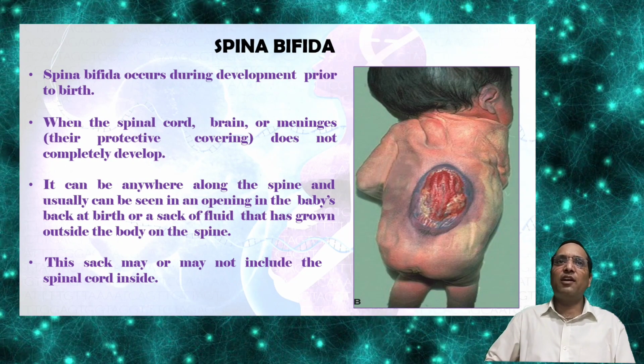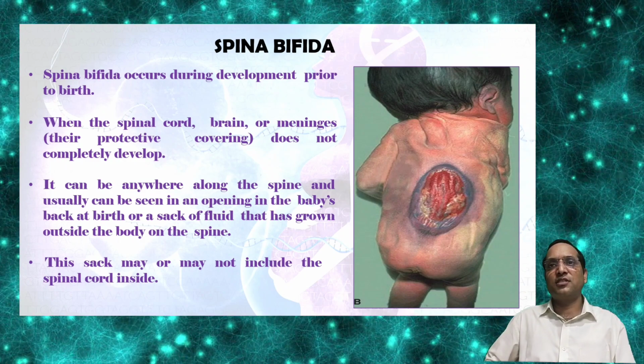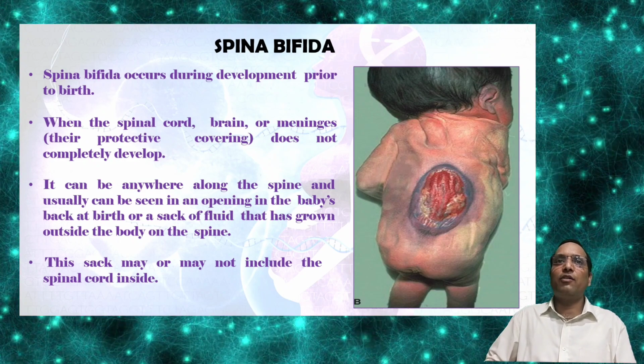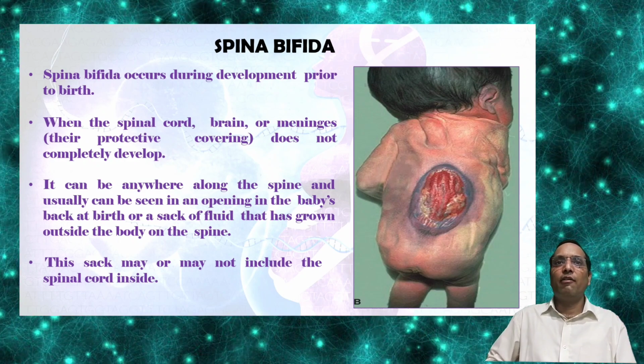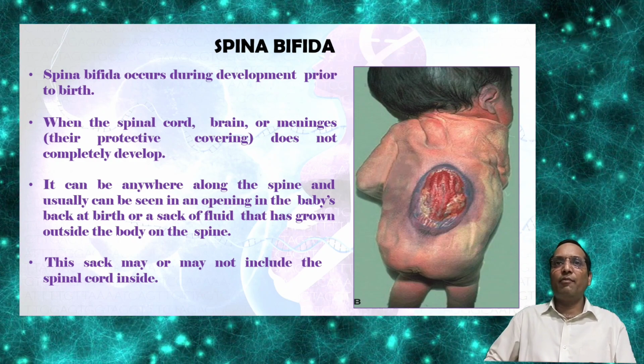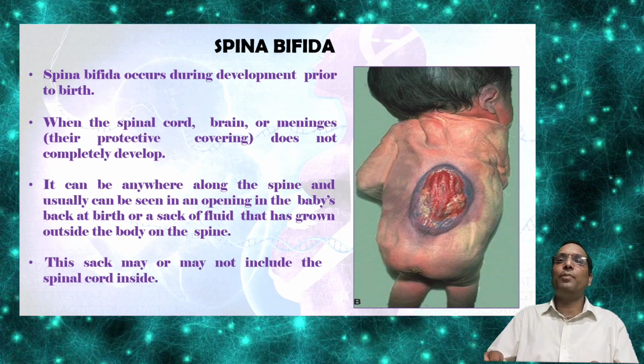Now come to the spina bifida, which is the most common congenital central nervous system defect, occurring during development prior to birth, when the protective covering of the spinal cord, brain or meninges does not completely develop.